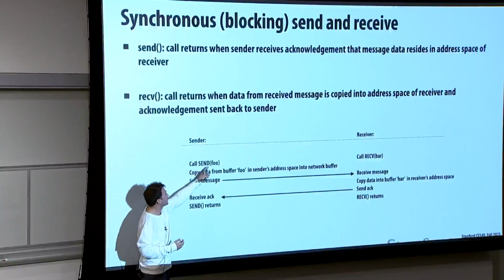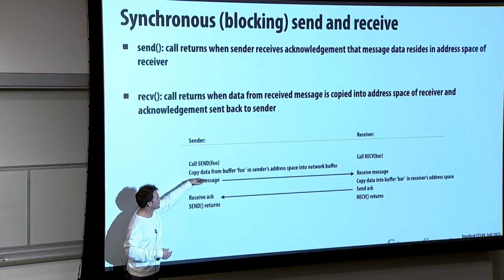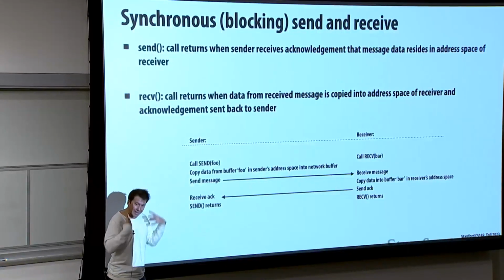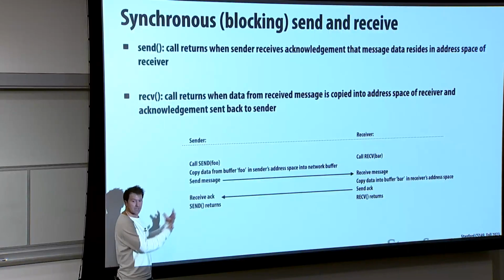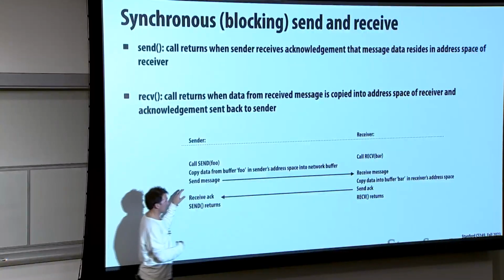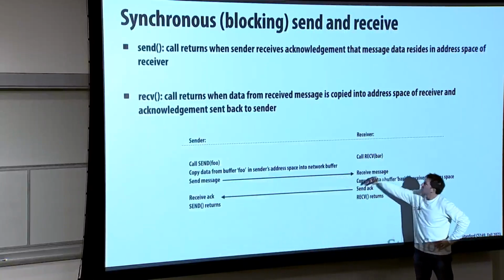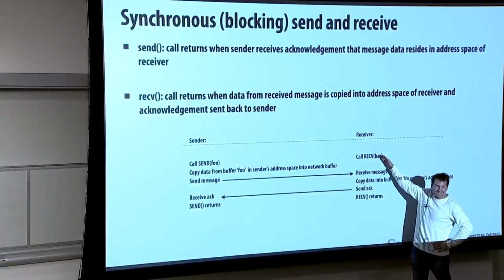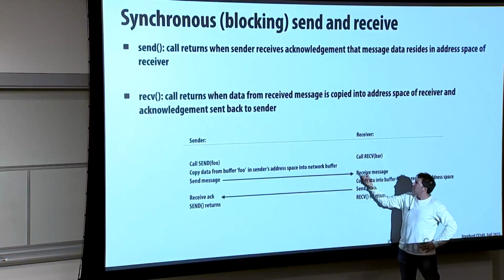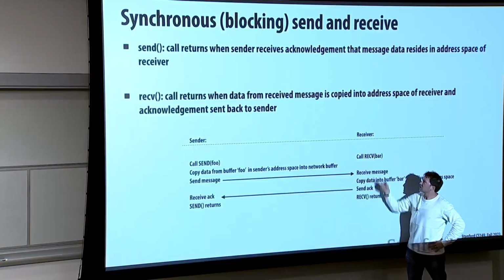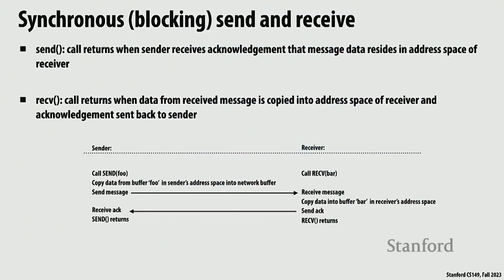If the sender calls send foo, data from the variable foo in the sender's address space will be copied into the network. The network will transmit the message. And assuming that the receiver has called receive on some of its own local variable bar, the receiver will get the message and copy whatever is in the message into the local variable.